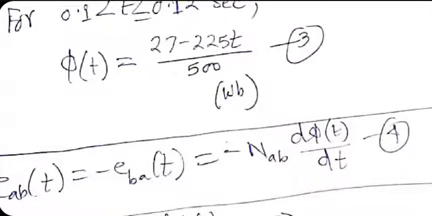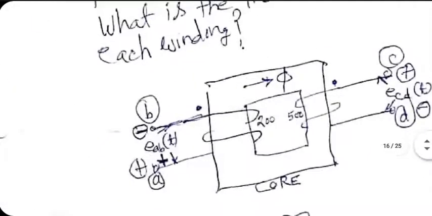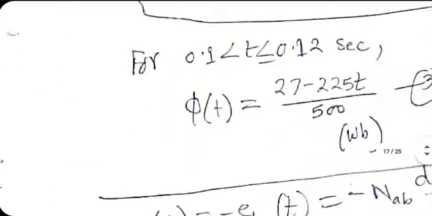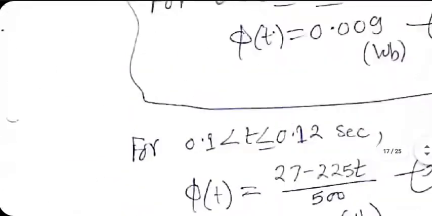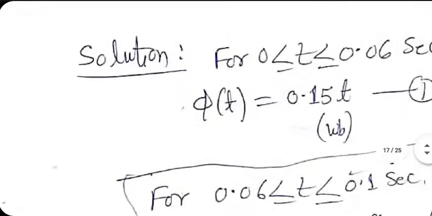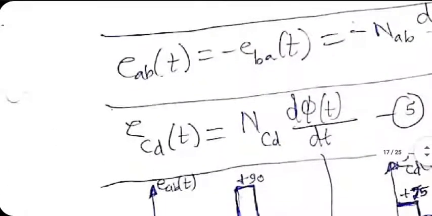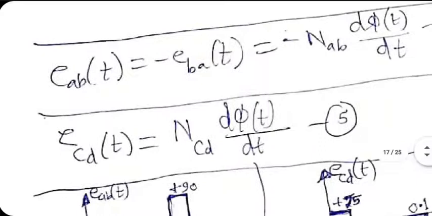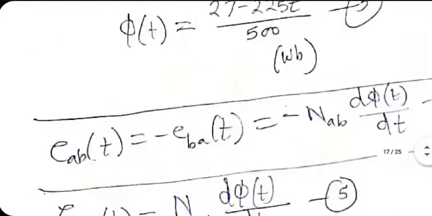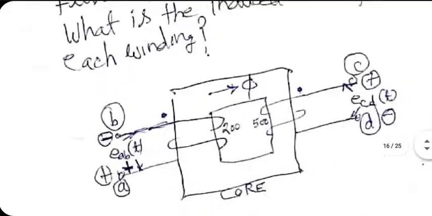NAB means number of turns in the primary, which is given as 200. Okay. So in the first part, and on the secondary side, this is the equation: ECD equals NCD d phi by dt, where NCD is, I think, 500.